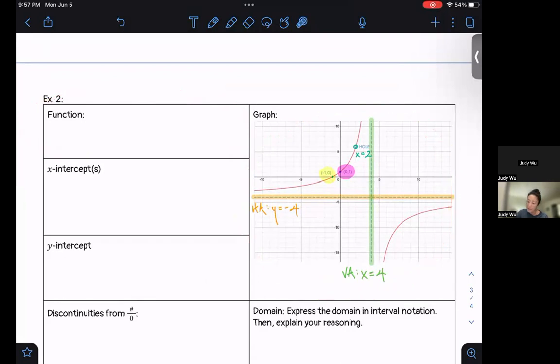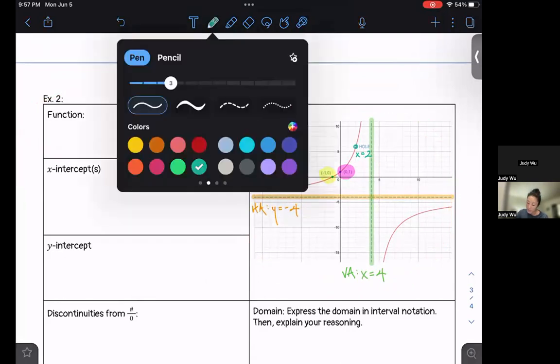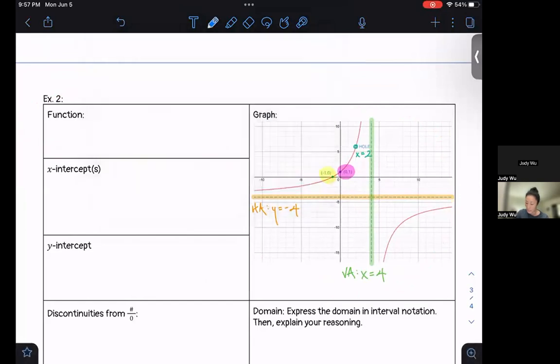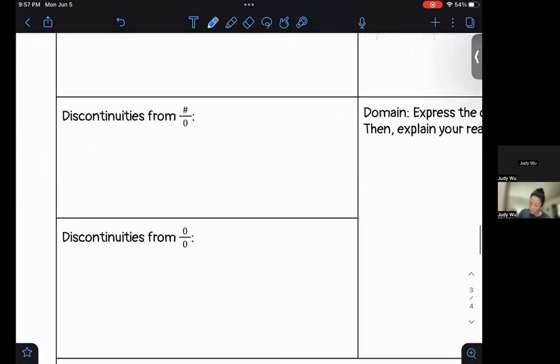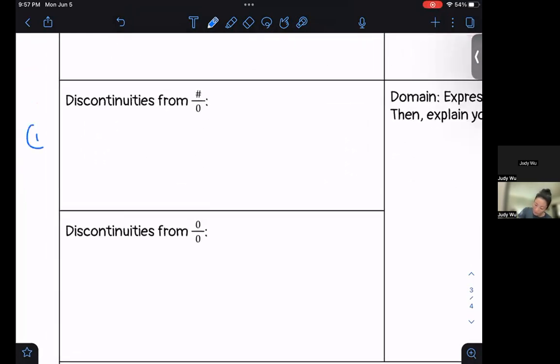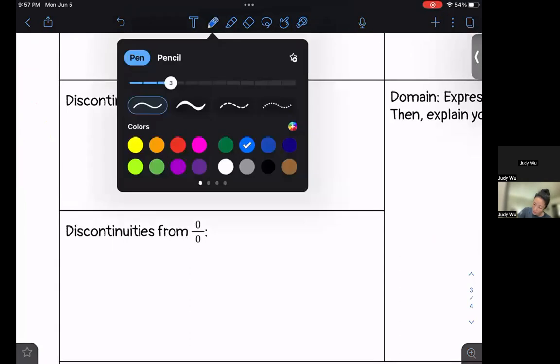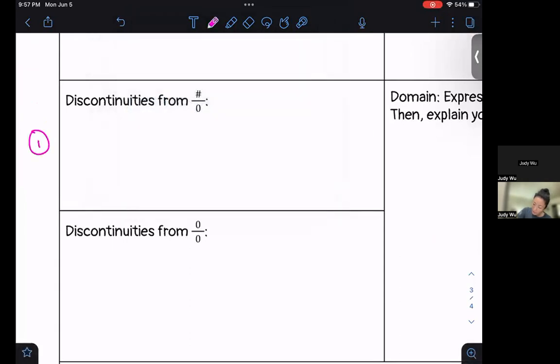Okay, so I'm going to do this. Let's start with our discontinuity, kind of like we did before. We're going to start with our situation where we have a vertical asymptote. We're going to write that part into the equation. Then we're going to talk about what it looks like in the equation if we have a hole at a certain point.